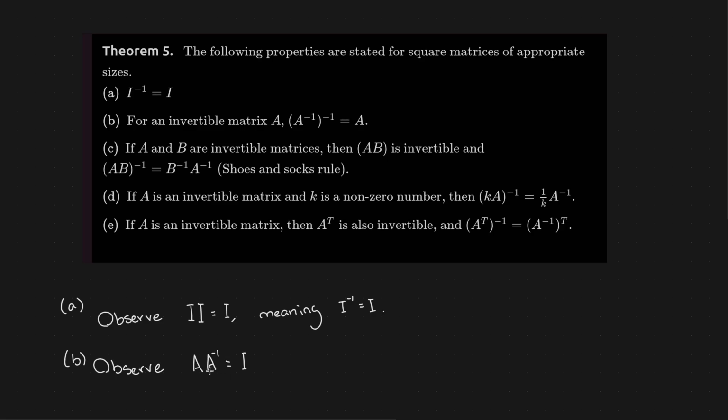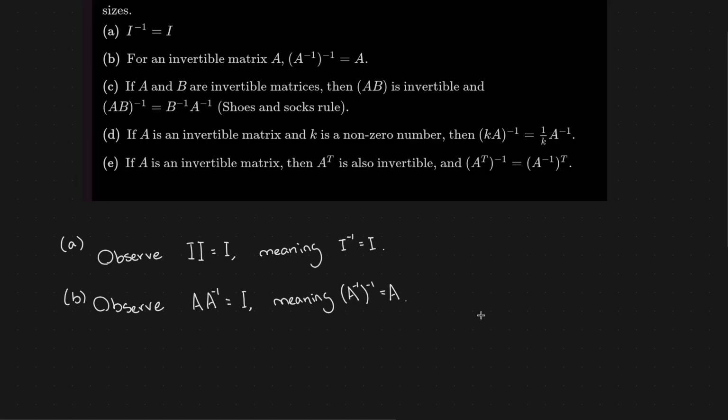That's what it means for this to be the inverse of A. If I multiply them together, I get the identity matrix. But when I multiply two matrices together, it doesn't matter the order, so it also means that this has to be the inverse of that. So the inverse of the inverse is just matrix A.